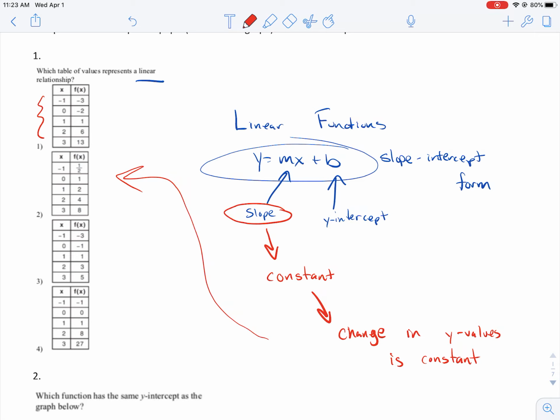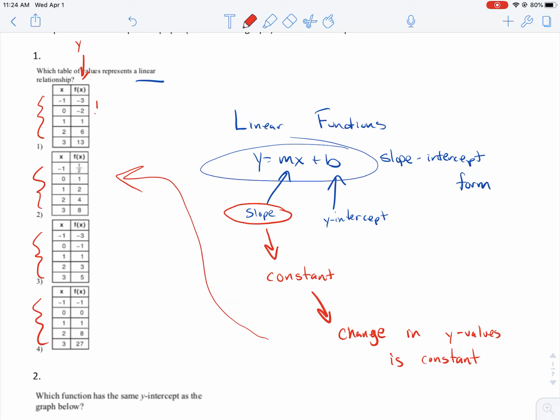Over here to the left, as you can see, all of our x's are increasing by the same amount: negative 1, 0, 1, 2, 3. And we're looking for a constant rate of change, or a constant increase or decrease in our y values here. That's what this represents. This f of x is just a fancy way of saying y.